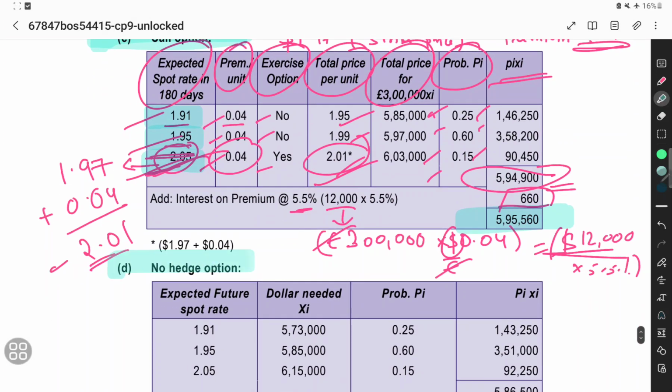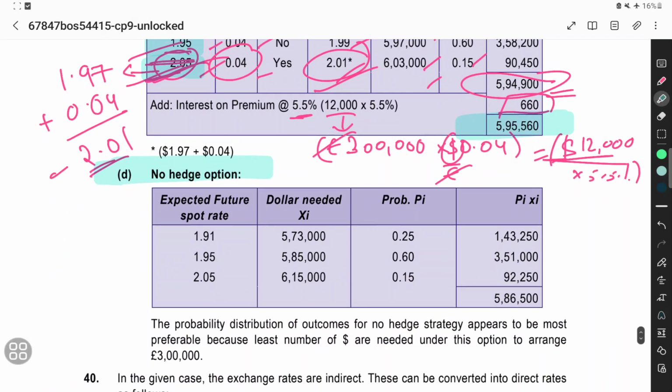Now the fourth hedging technique is a no hedge option. So what to do if you don't want to do any of these things? I mean, why do it? Why not just wait and watch? Basically, it's that option. So here we'll see the table, study the table. Expected future spot rate, again from the question: 1.91, 1.95, 2.05.